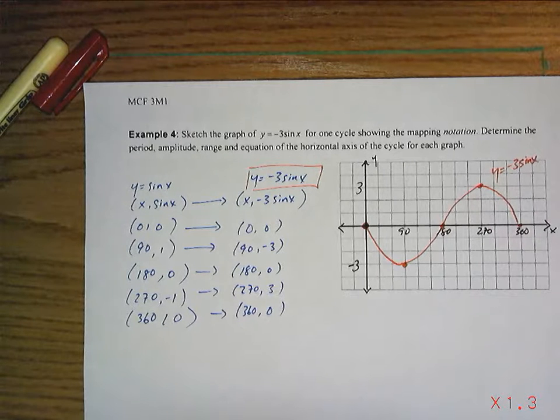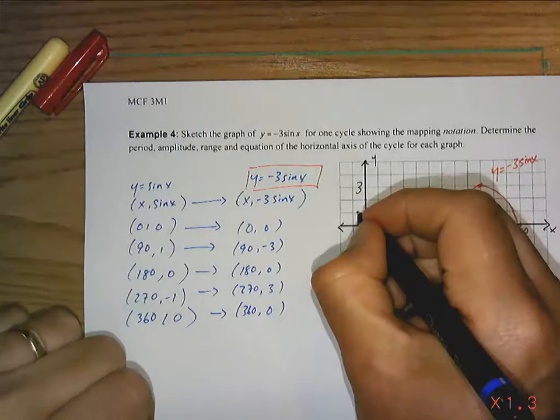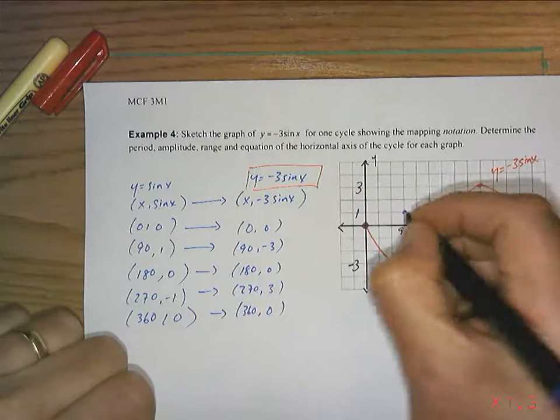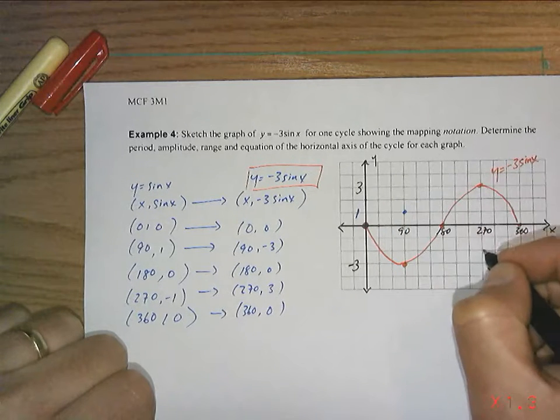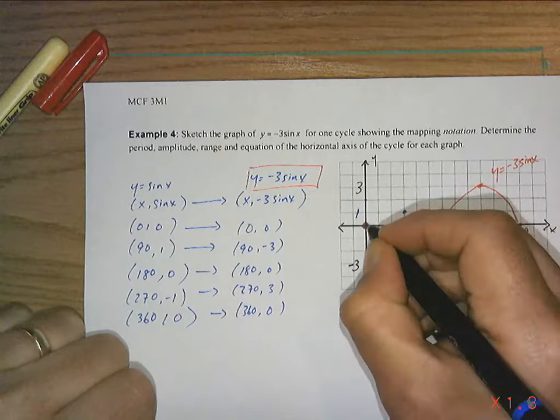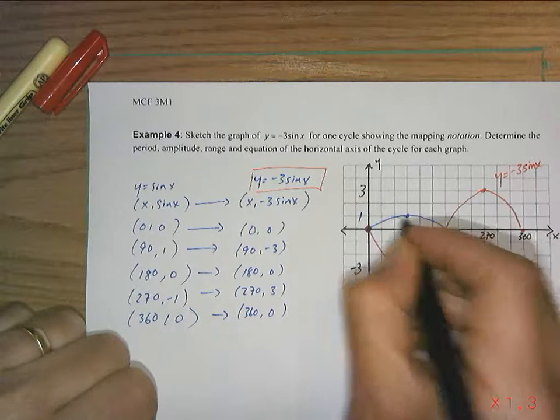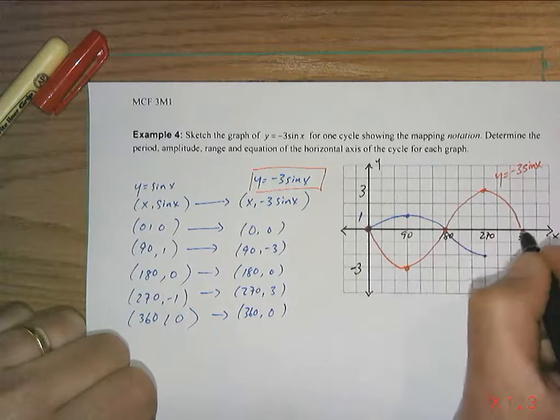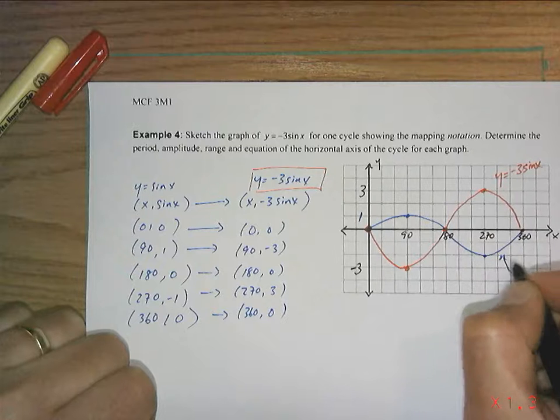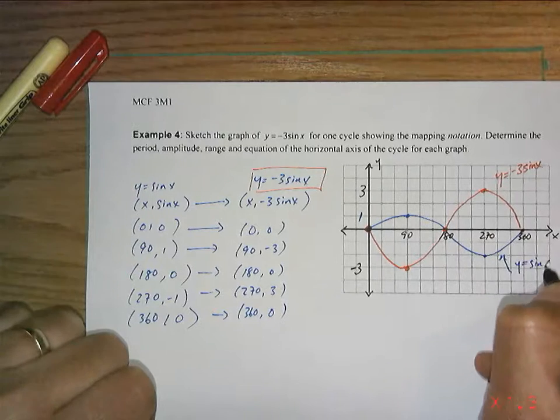And it's beautiful. And if you wanted to know where sine x was, the original sine x, I would put it like this. That would be your original y equals sine x.